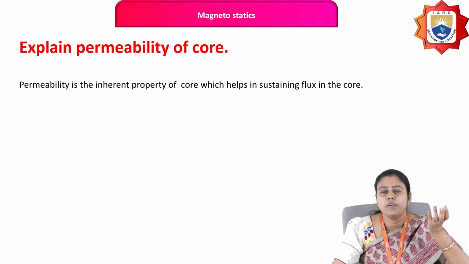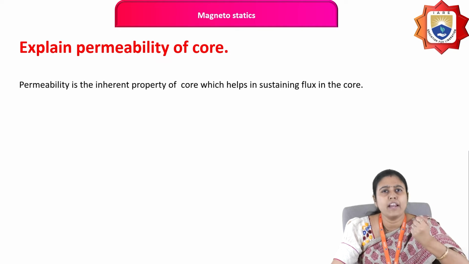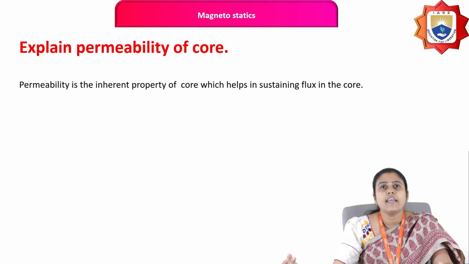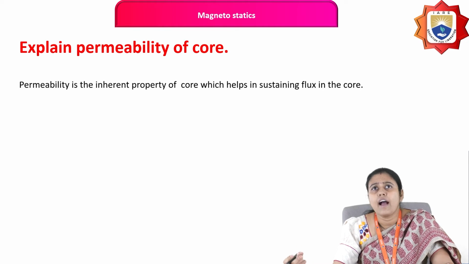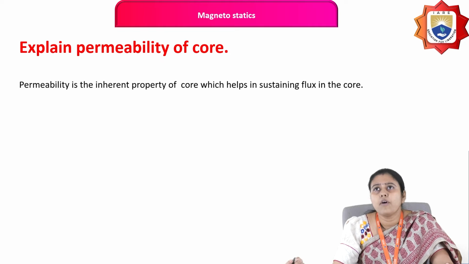So if we are thinking about iron or any paramagnetic material, it has very high permeability. And what is the meaning of very high permeability?